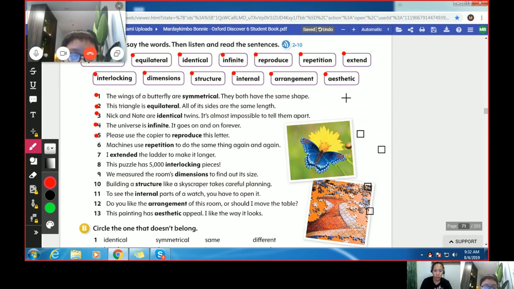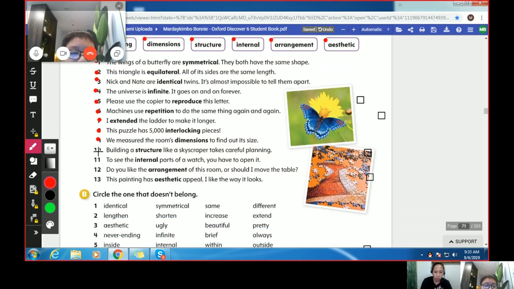Please use the copier to reproduce this letter. Machines use repetition to do the same things again and again. I extended the ladder to make it longer. This puzzle has 5,000 interlocking pieces. We measure the room dimensions to find out its size.